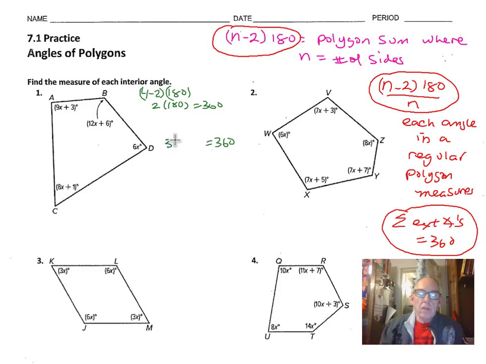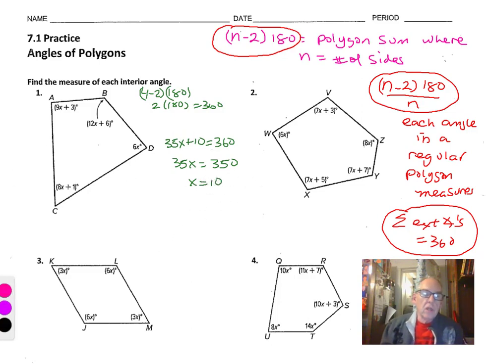So we have 35 x's. Looking at the numbers, we've got a 6 and a 3 and a 1, which is a plus 10, equal to 360. Take away 10 from both sides. 35 x's is 350. Divide by 35, x equals 10.